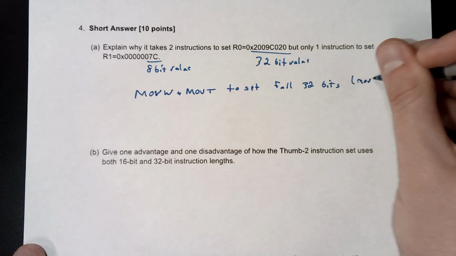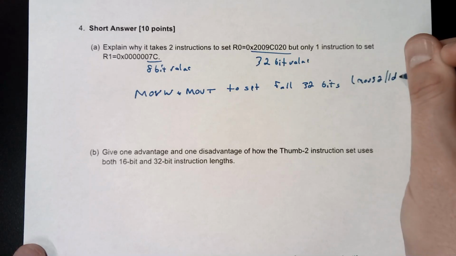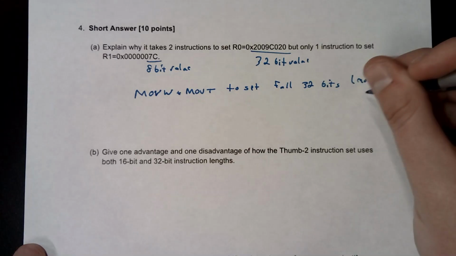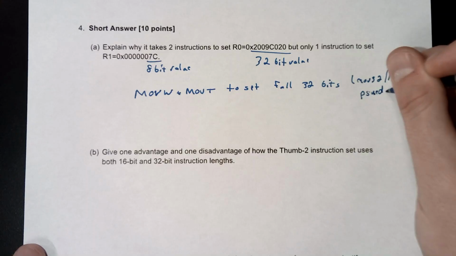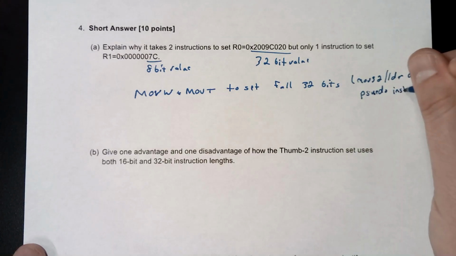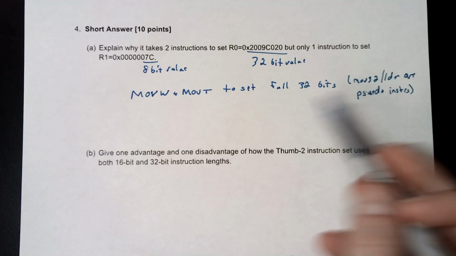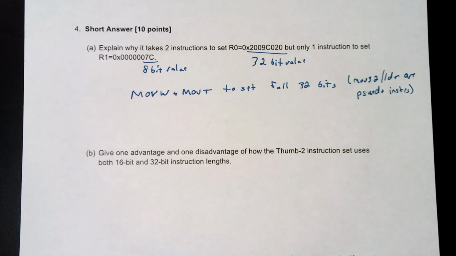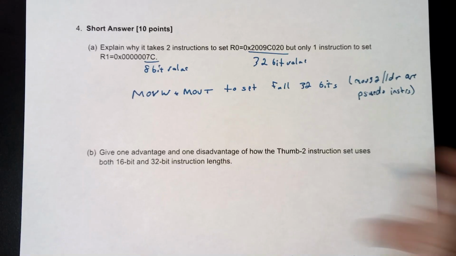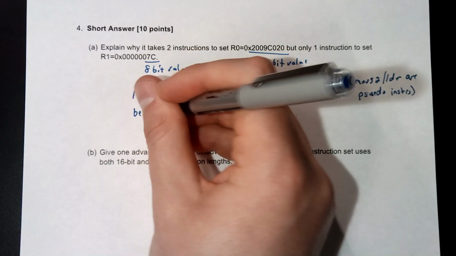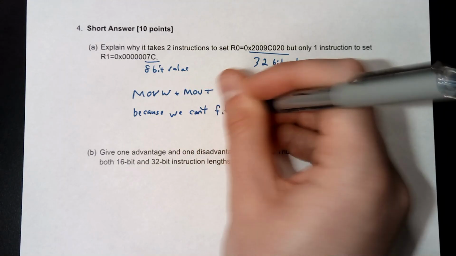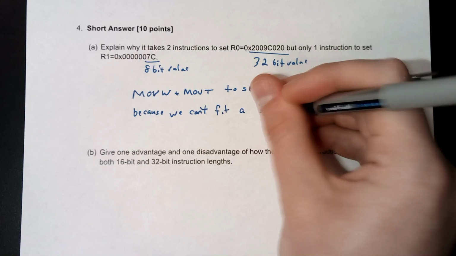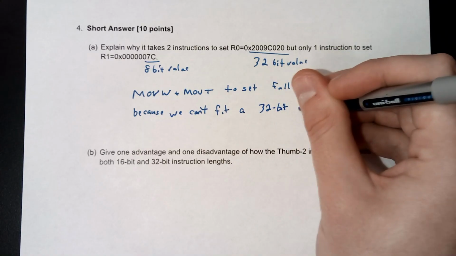MOV32 / LDR are pseudo instructions which generate pseudo, I might have spelled that wrong, instructions. So those generate this MOVW, MOVT pair. So they're not actually like a real instruction because we can't fit a 32-bit immediate in a 32-bit instruction, right?